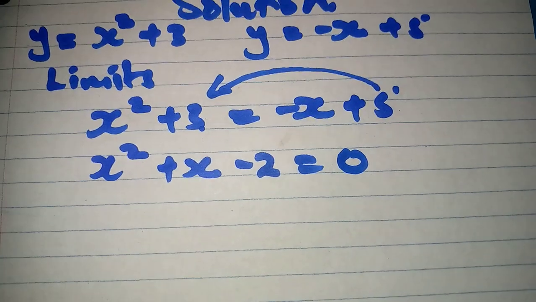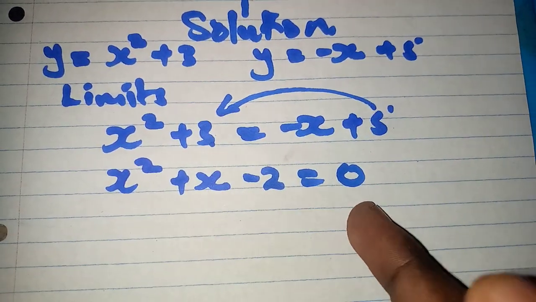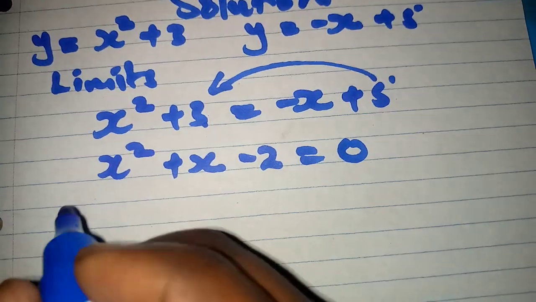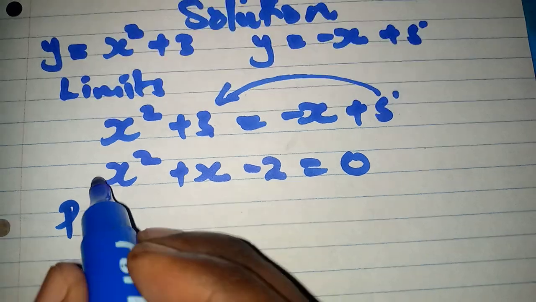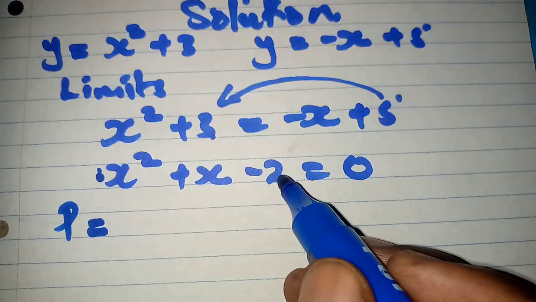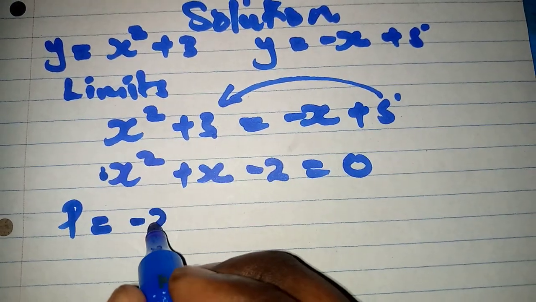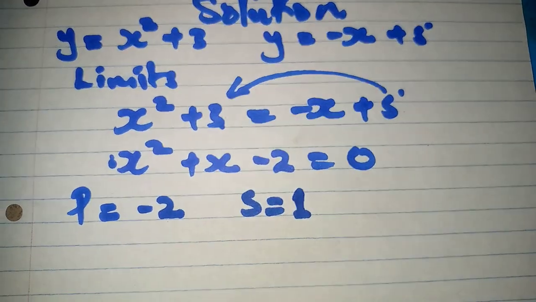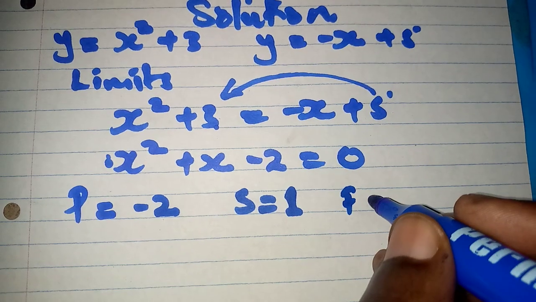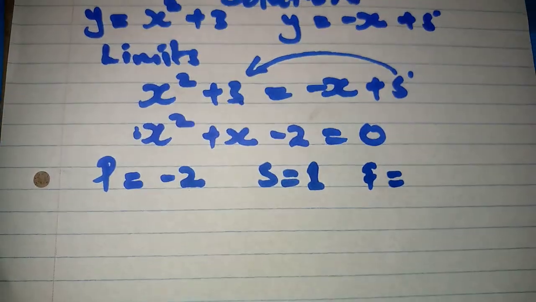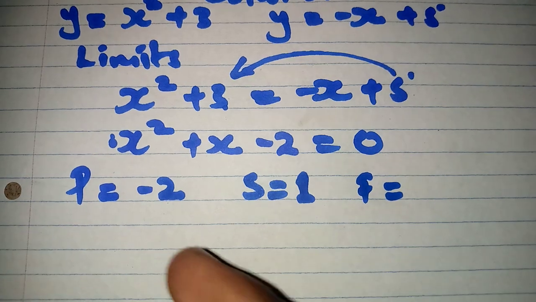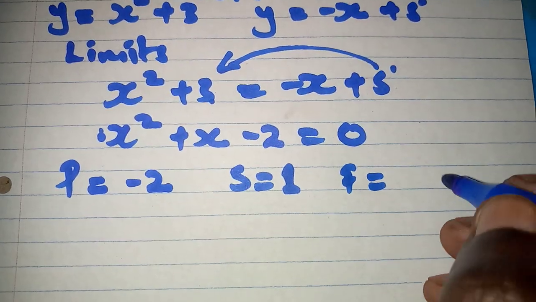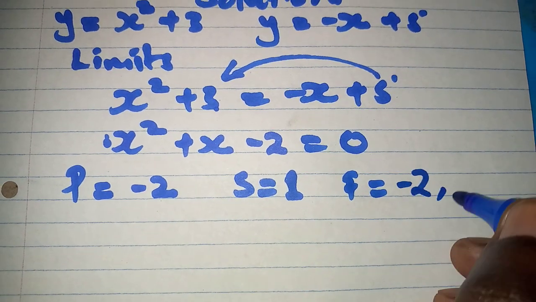So we're going to simplify the quadratic equation by finding the roots. The product is the coefficient of x squared times the constant, so that is negative 2. The sum is positive 1, the coefficient of x. The two factors that multiply to give negative 2 and add to give 1 are negative 2 and 1.